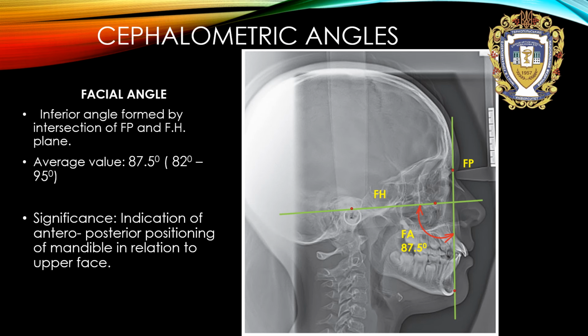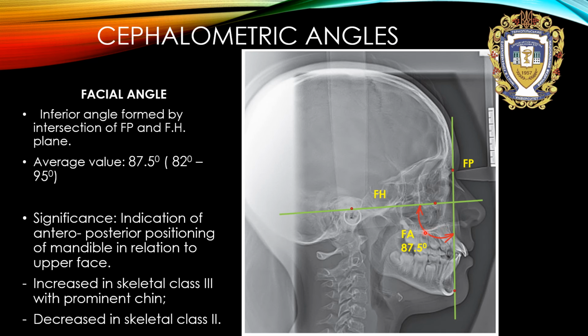Significance: indication of anterior-posterior positioning of mandible in relation to upper face. Increase of this angle we will observe in skeletal class 3 with prominent chin. Decreased in opposite situation in skeletal class 2.